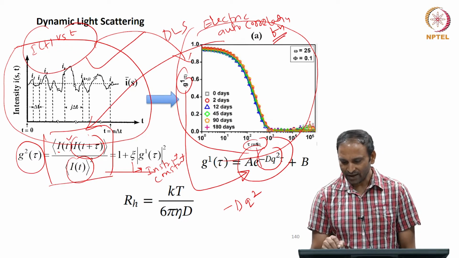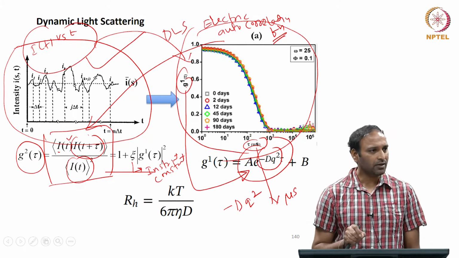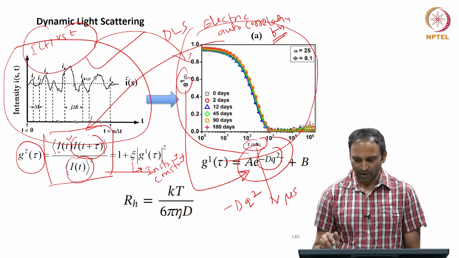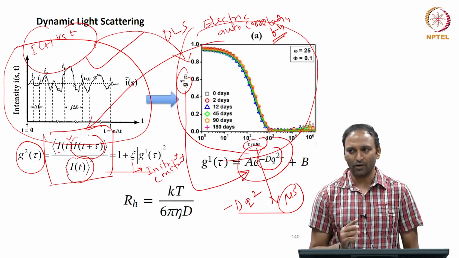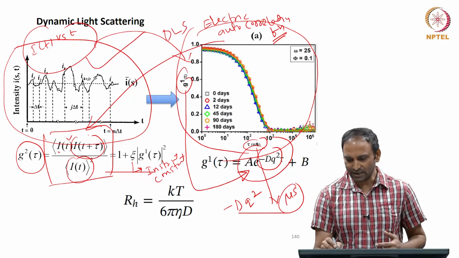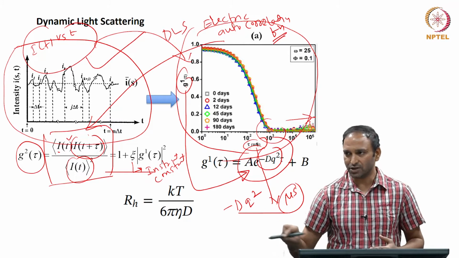This tau is in microseconds, depending upon the length scale of the particles that you have as a dispersed phase. This unit would vary. If you have very large particles, then you will see that this decay happens somewhere towards a larger tau.